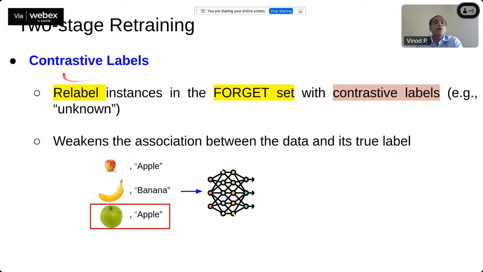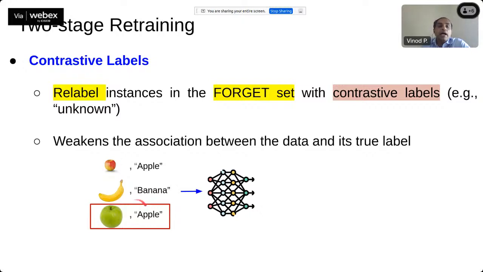So what is a contrastive label? You start with the forget set and relabel the forget instances, or the sensitive data points, with a new label, or it could be unknown. In this example, let us say I have a classification problem of classifying images as apple or banana.